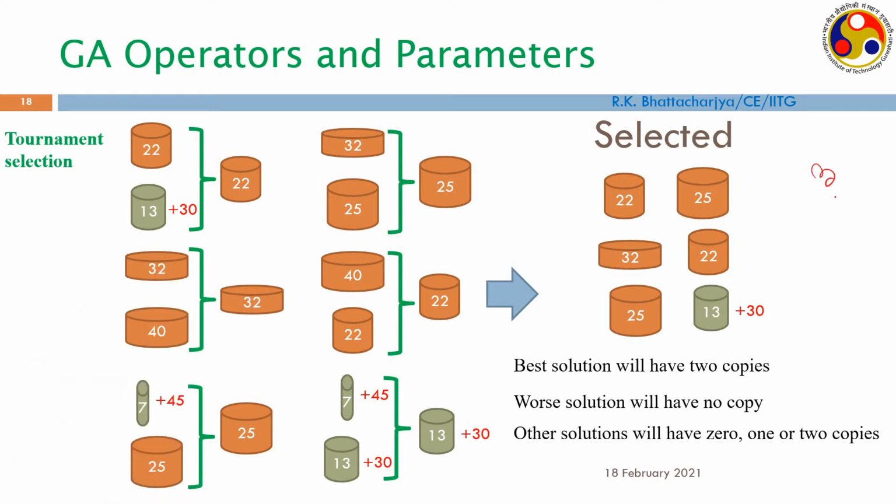Now suppose I take a tournament size of 3. Then in every round how many tournaments can you play? You can play 2 tournaments, because you select 3 individuals for each tournament and the total population is 6. You randomly pick 3 individuals, they go for the tournament and one will be the winner, and then the next 3 are taken and one will be the winner. So every round you get 2 winners.